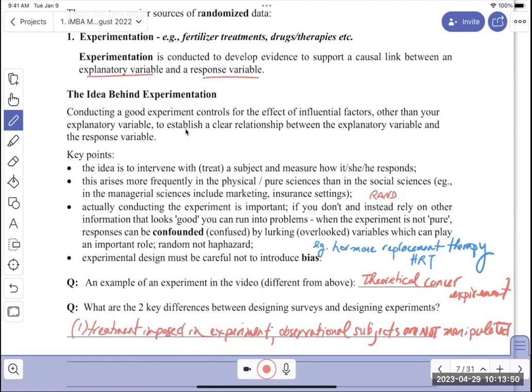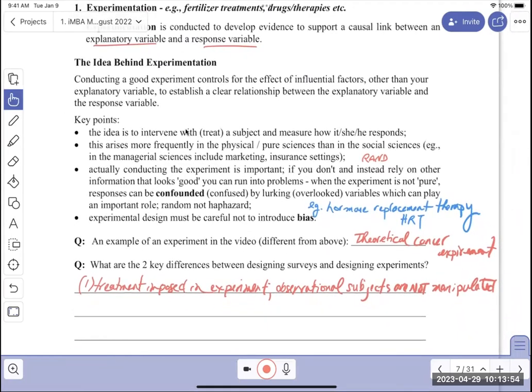In an observational study, subjects are not manipulated in any way. That's one.